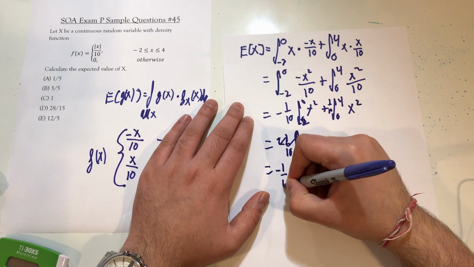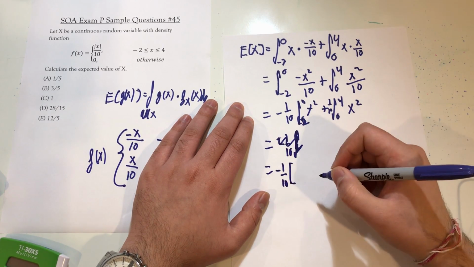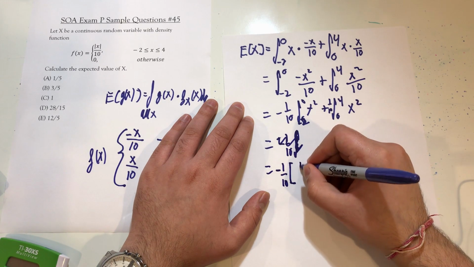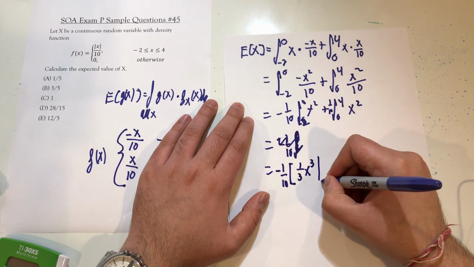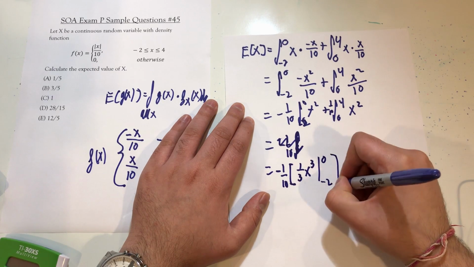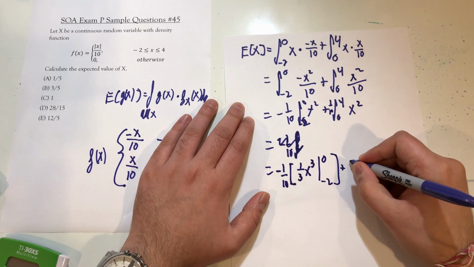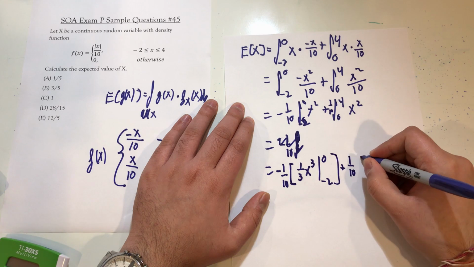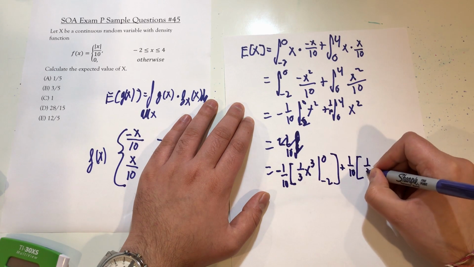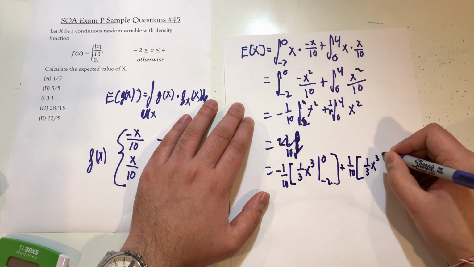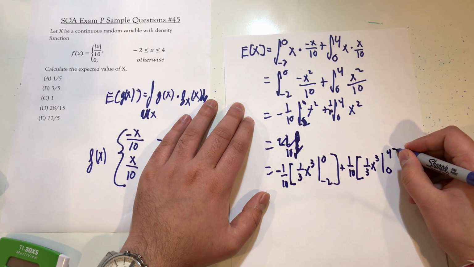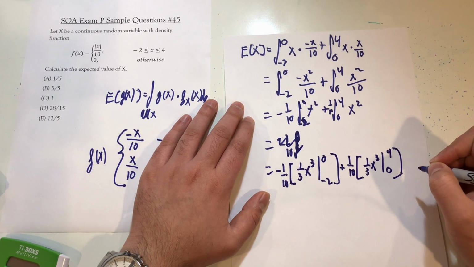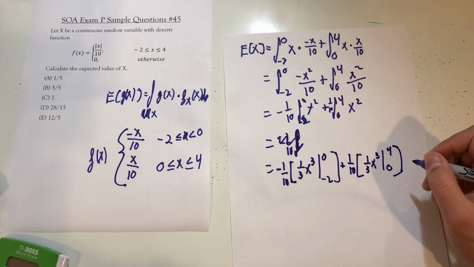I'm going to rewrite this. Negative 1 over 10, and then in brackets, 1 over 3 x to the third evaluated from negative 2 to 0, plus 1 over 10, and then in brackets, 1 over 3 x to the third, evaluated from 0 to 4. Okay, simple as that. Let's see what this simplifies to.